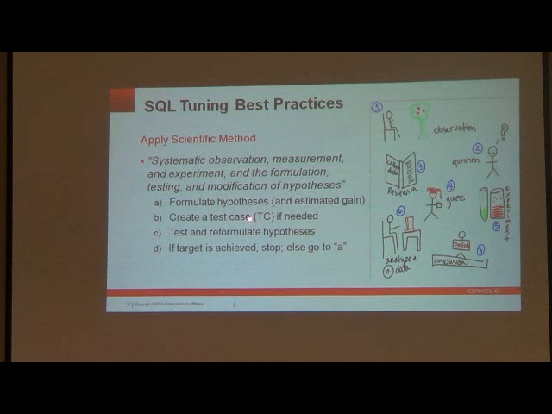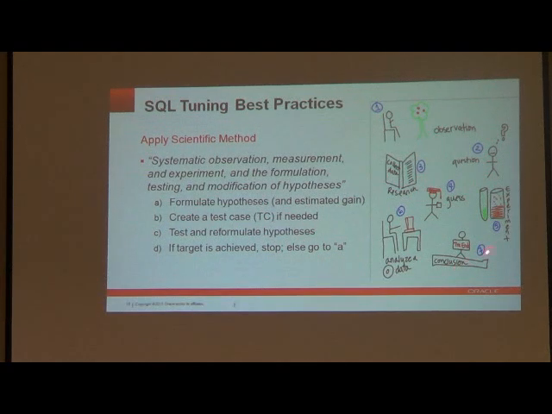Regardless if you need a test case or you can test on the same environment where the issue happened, you have to test your hypothesis. You may need to reformulate the hypothesis, and then you keep looking here until you find your answer. Sometimes it's only one cycle, sometimes you go on and on and on, trying different things. Okay?